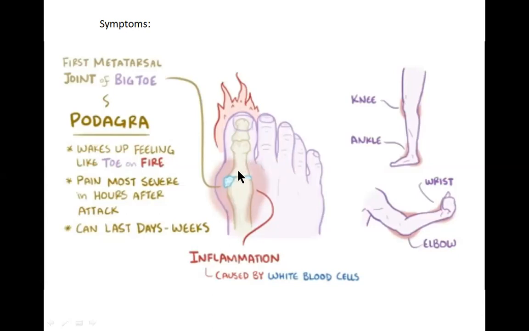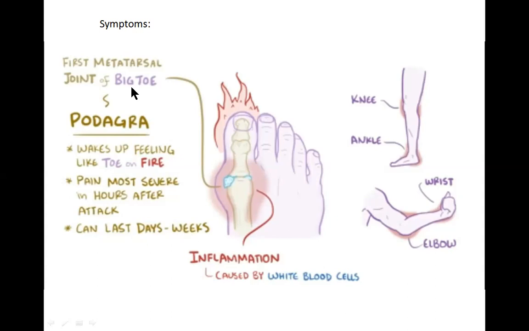Whenever there is a gouty attack in the big toe, a person wakes up in the morning as if the big toe is on fire. The burning feeling will be reduced gradually, but the swelling which is formed here will take days or weeks to come down.